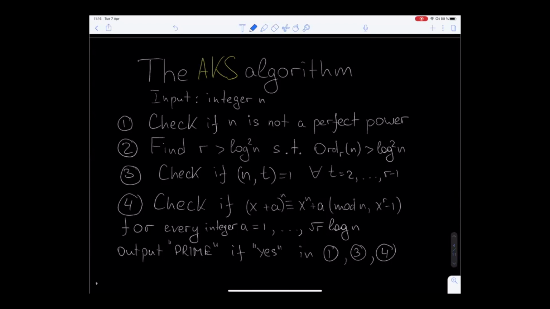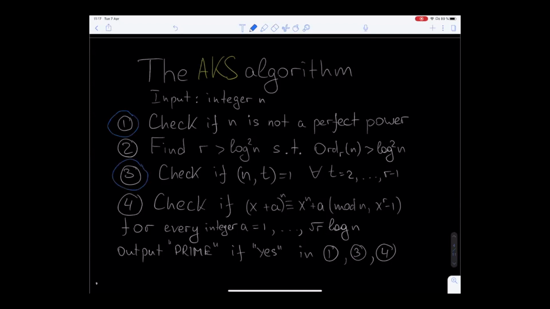Then the second step, we find a certain number r such that the order of n modulo r is large. So n to small powers doesn't give 1 modulo r. We check that n is relatively prime with all numbers smaller than r. So these two steps are kind of technical and easy.